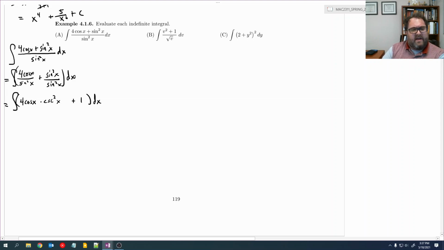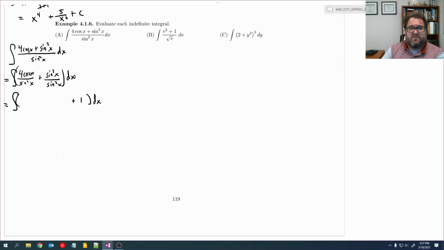But that cosine x times cosecant squared x doesn't ring a bell to me. So that means we need to pick a different way to rewrite this. And by the way, that's just a common thing with antidifferentiation. You might have to try a couple different ways to rewrite until you get something that works.